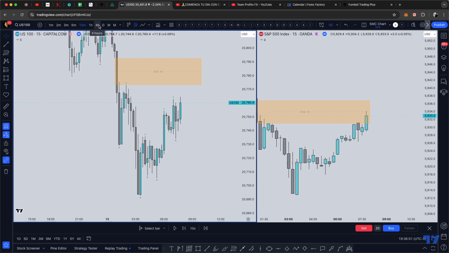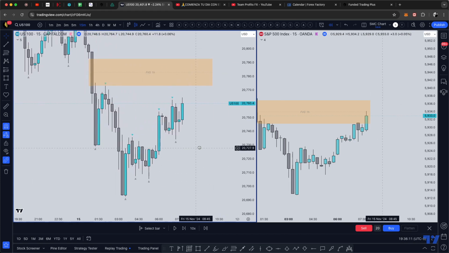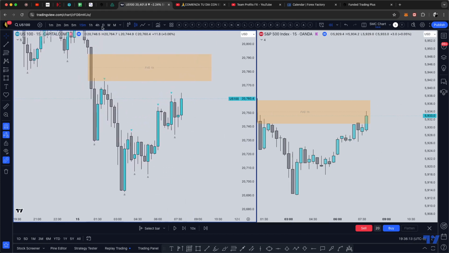So going from, let's say, 4 hour, you can jump directly to the 15 minute or 5 minute or even 1 minute, lower time frame, wherever you find it better, less noisy. That's what I mean.